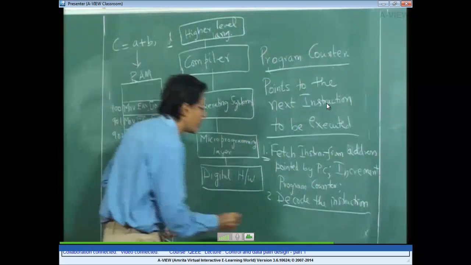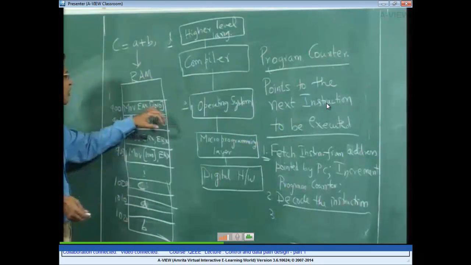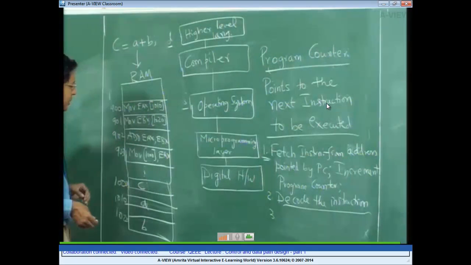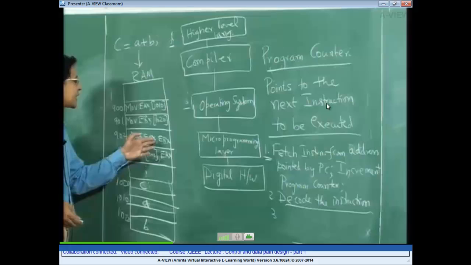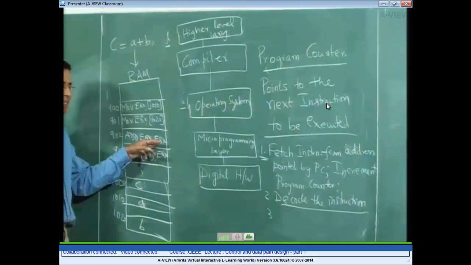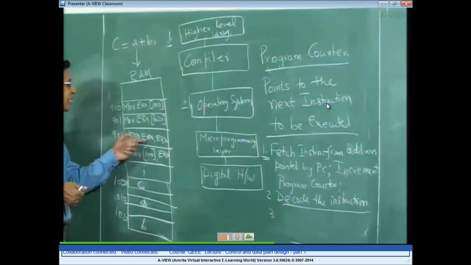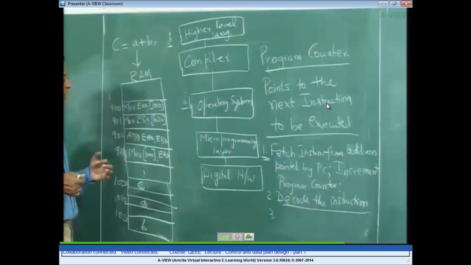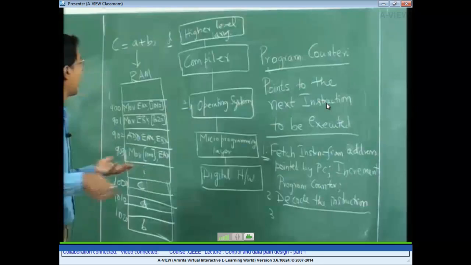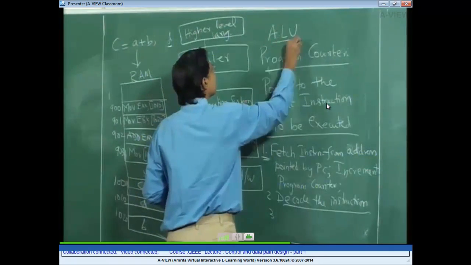The next step is that it has to fetch the data from 1010 and store it in EAX. In the case of add EAX, EBX, it has to fetch the data from EAX and EBX, those are registers, and add them. So first it has to fetch the data. The CPU will have something called the ALU, the arithmetic logic unit.